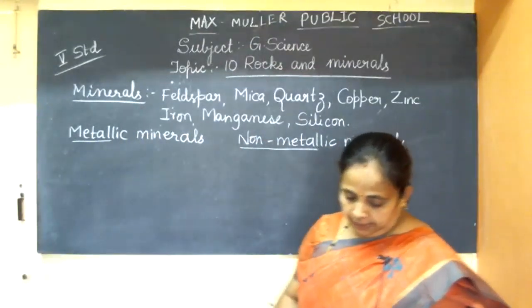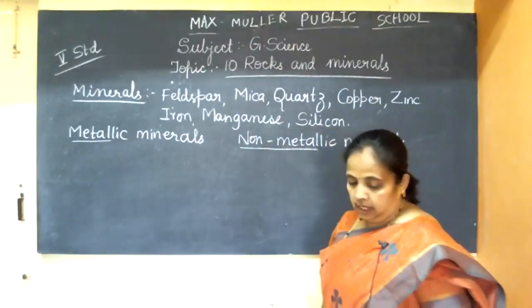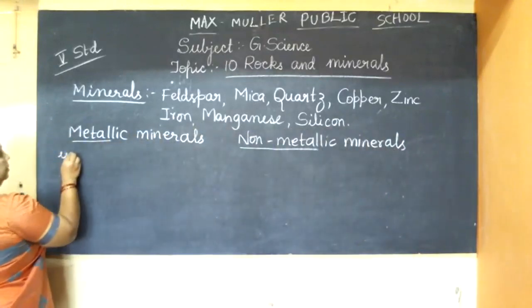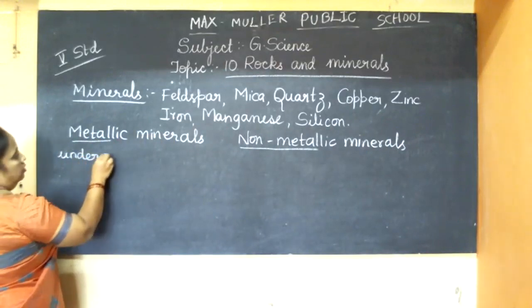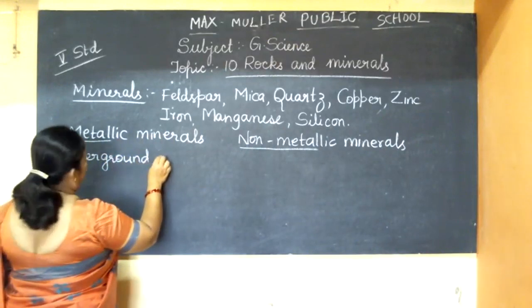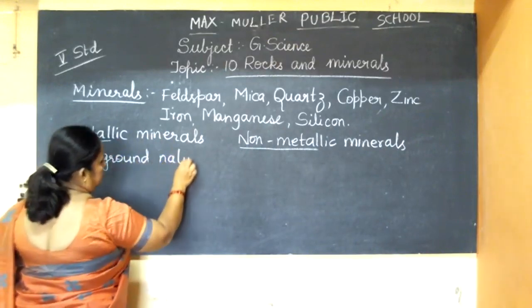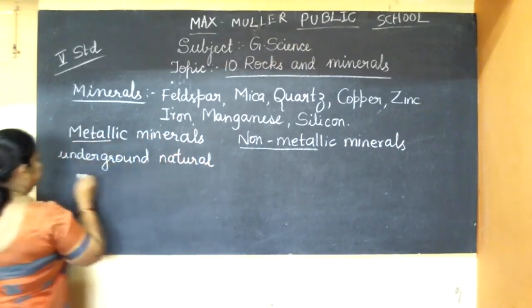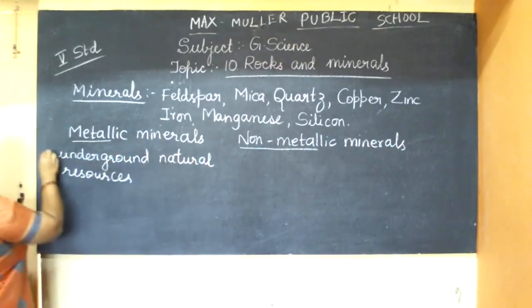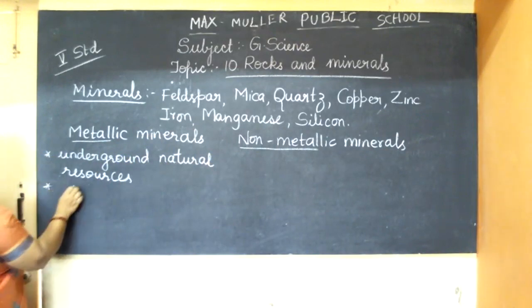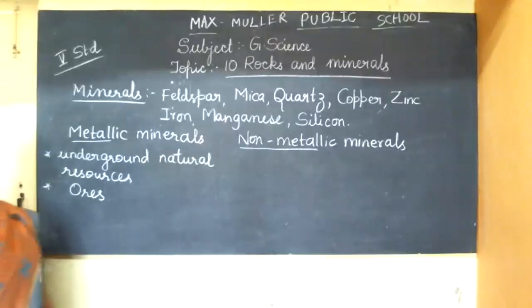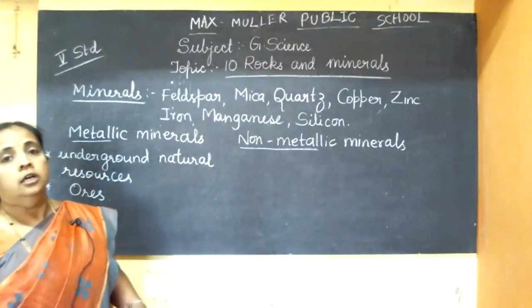So metallic minerals are underground natural resources. That means they are present under the ground. They are found in the form of a mixture called ores.